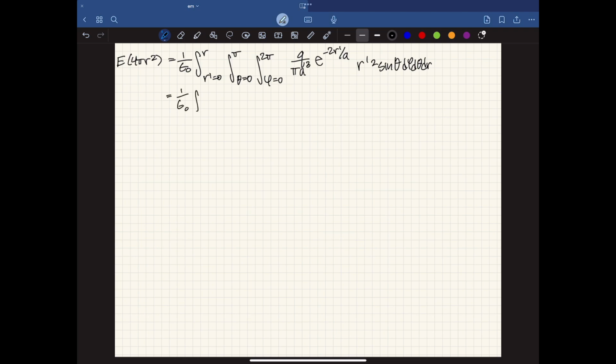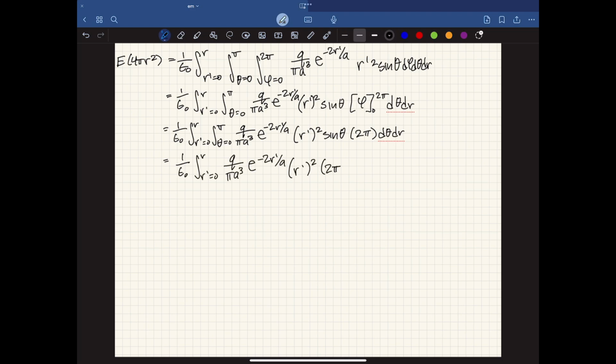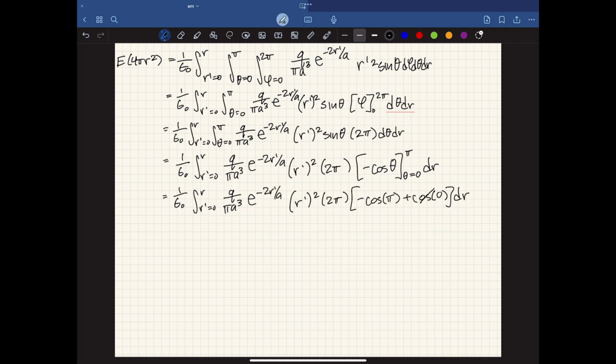We'll start by integrating over phi. Next we integrate over theta. Cosine of 0 is 1, and negative cosine of pi is 1.